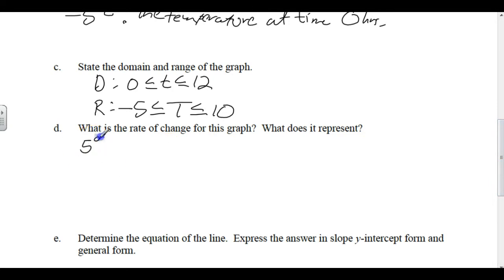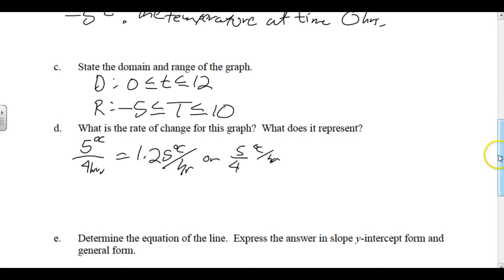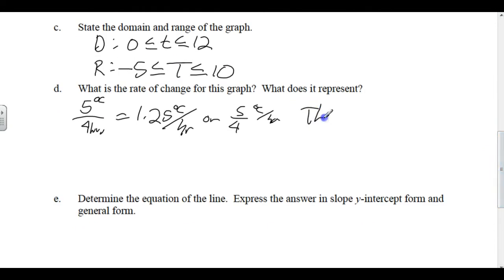So 5 degrees Celsius per 4 hours. Okay, so we could say 1.25 degrees C per hour, or 5/4 degrees C per hour. And that represents the rate of change of temperature.